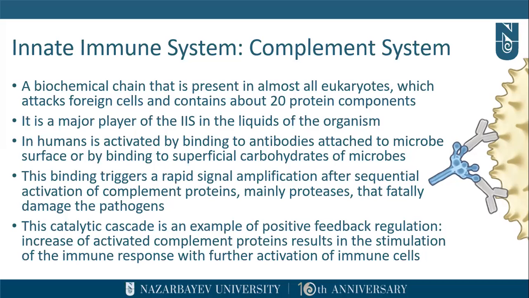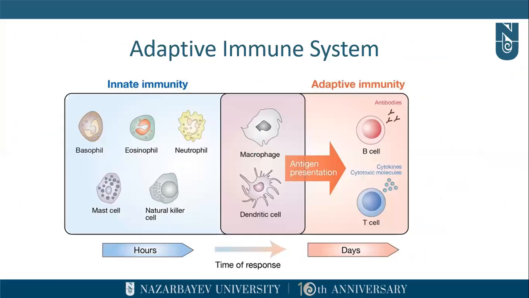Once more of these complement proteins are brought to the site of infection, we stimulate more of the immune response to bring more immune cells, in the form of macrophages and neutrophils, to lyse the cell.